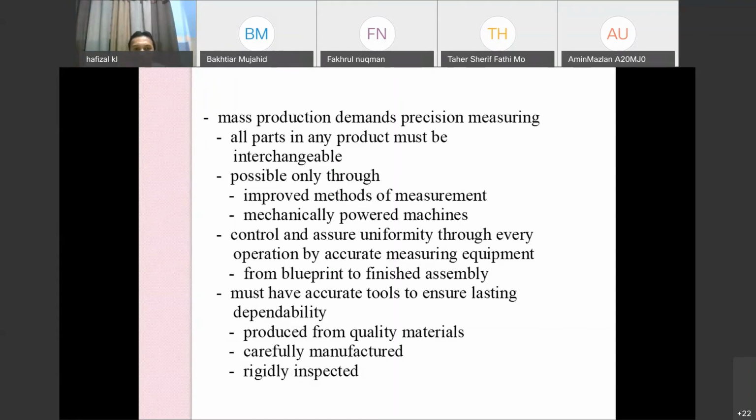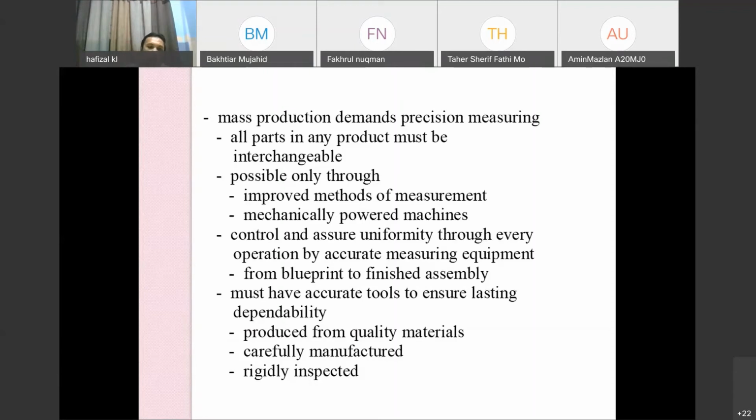Mechanical powered machines are related to some of the measurement methods we need to improve. If we use a method that has a limitation, we need to improve it to get a better result. Then we control and ensure conformity in every operation by accurate measuring equipment.